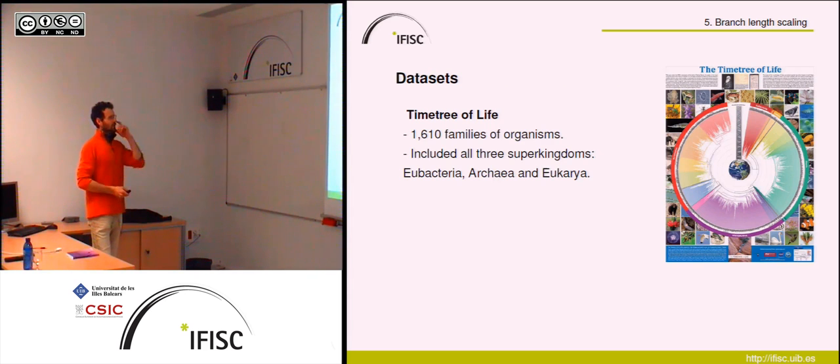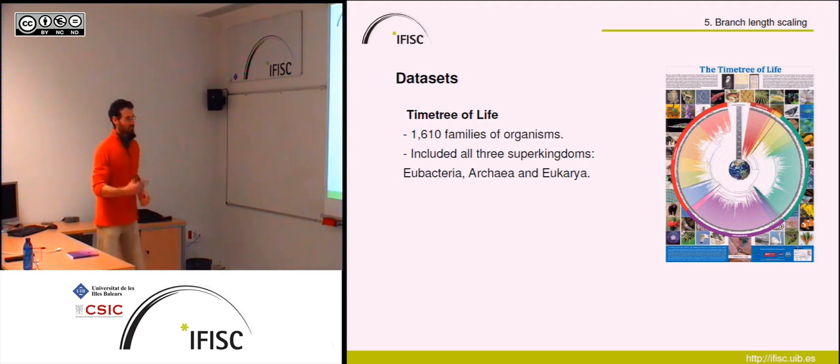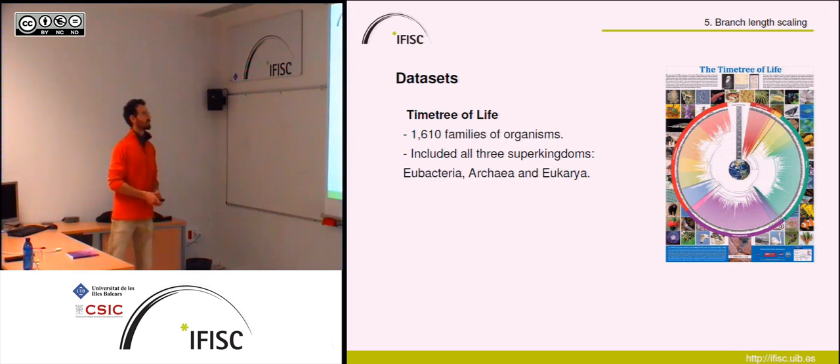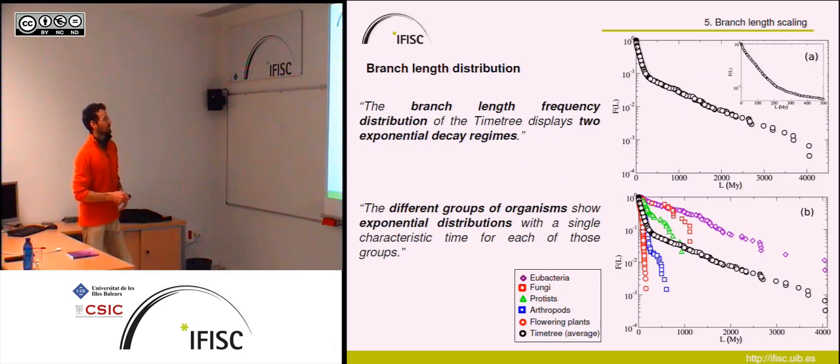And for this, we used the tree of life of the TimeTree database, which is a starting project that includes only the leaves of this tree, and corresponds to more than 1,600 families of organisms of the different three domains or superkingdoms: Eubacteria, Archaea, and Eukarya.